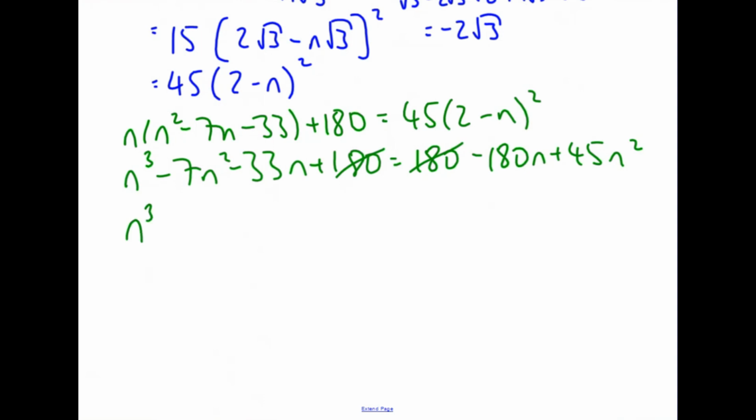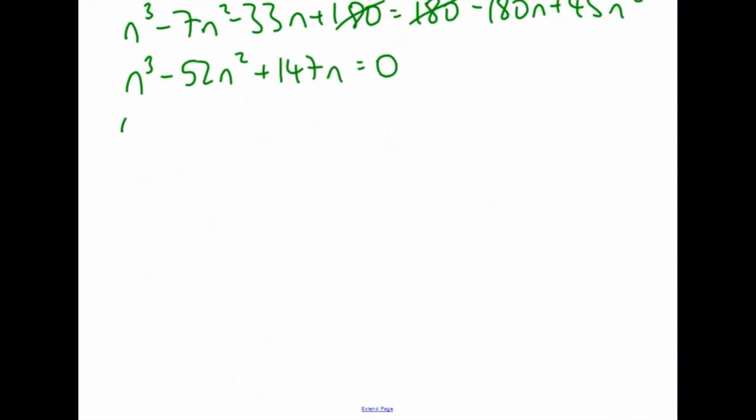So we get n cubed minus 52n squared plus n equals 0. You can factorize out n, and then you can solve this in your calculator to see what you get.